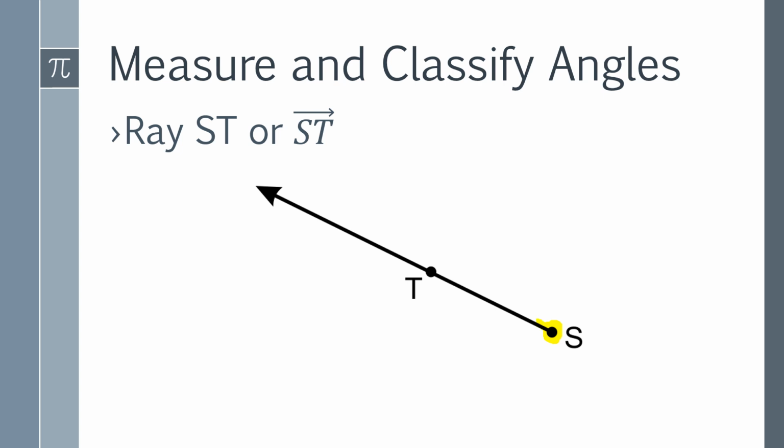We are extending this ray out through point T. Notice that the symbol is a ray. It's just an arrow in one direction, right? And one of the things you need to also notice is the first letter is the endpoint.